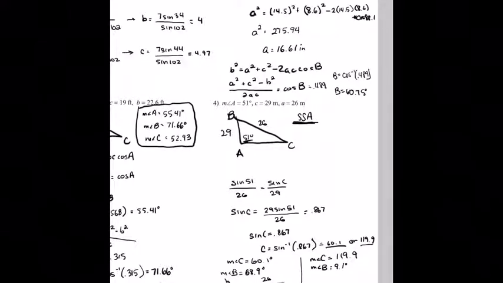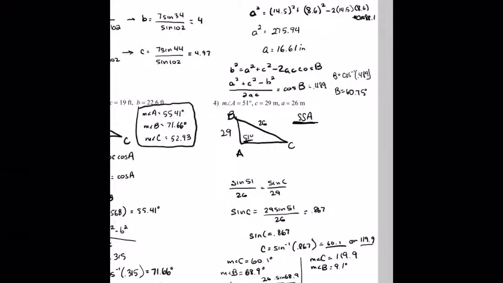And if we multiply both sides by sine of 68.9, then I can erase it from over here. So then B equals 26 times the sine of 68.9 over sine of 51.